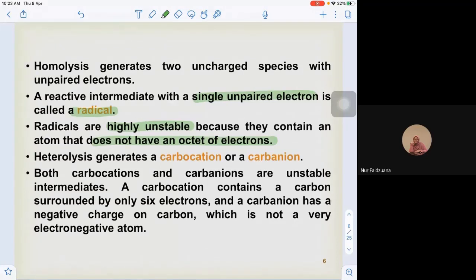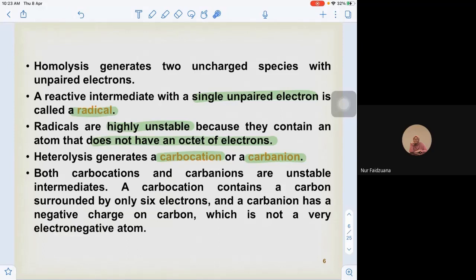However, the products of heterolysis will be a carbocation or a carbanion, the positive ion and the negative ion we just talked about. If heterolytic cleavage occurs in an organic compound, the main elements of which are carbon and hydrogen, and the carbon forms the positive ion, it becomes a carbocation, while the negative one is a carbanion.